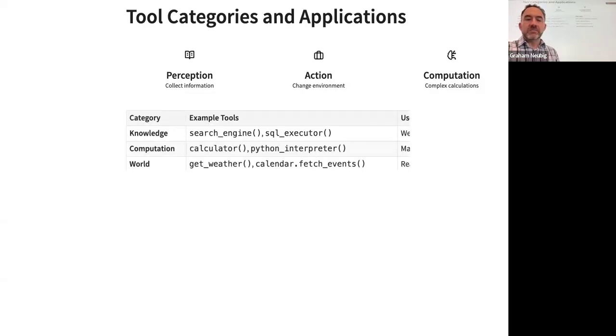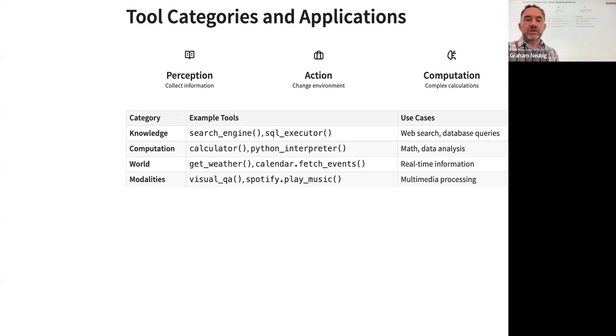Here are some examples of them. You can have things that provide additional knowledge, so you can call a search engine or make database queries. You can do computation using just a calculator or a Python interpreter. You can get information about the world, like getting the weather or fetching events from a calendar.